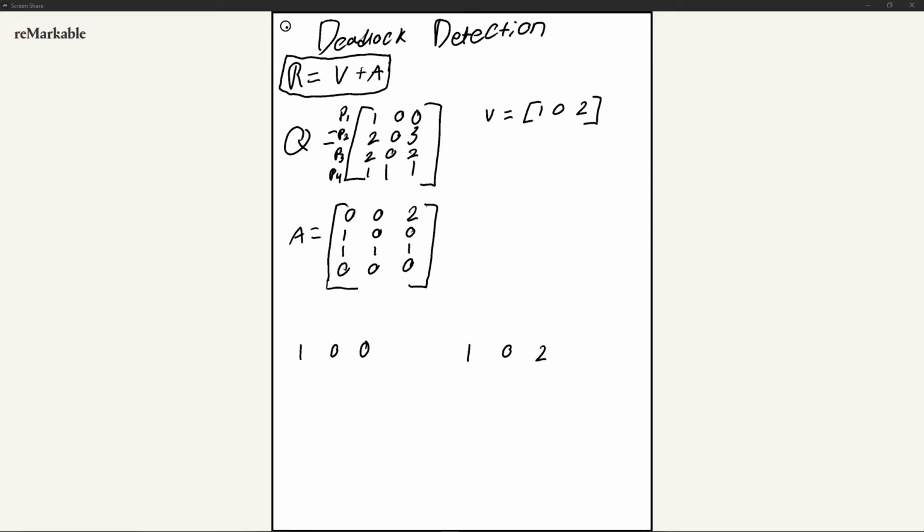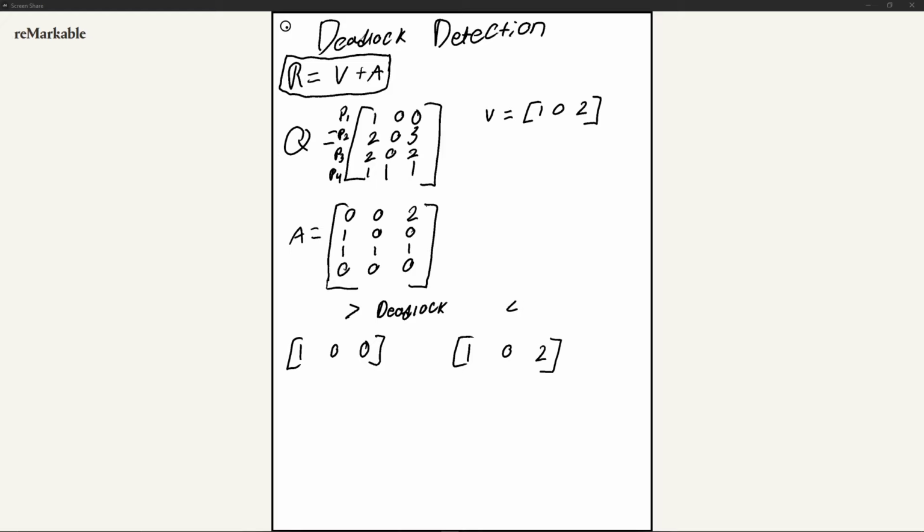Now, if this here is bigger than this, then that means it is a deadlock. And how you compare these values is just number by number. So we take 1 and 1, well, this is equal to. So let me write it like this: greater than is a deadlock.